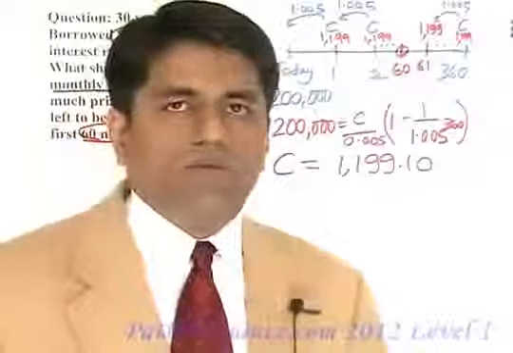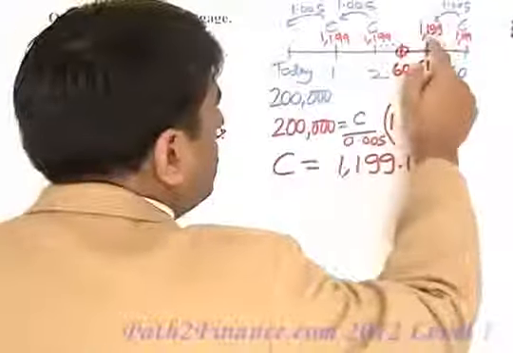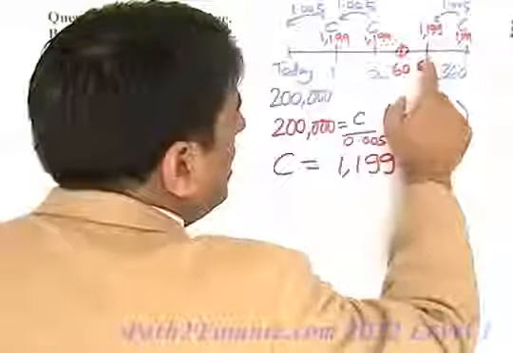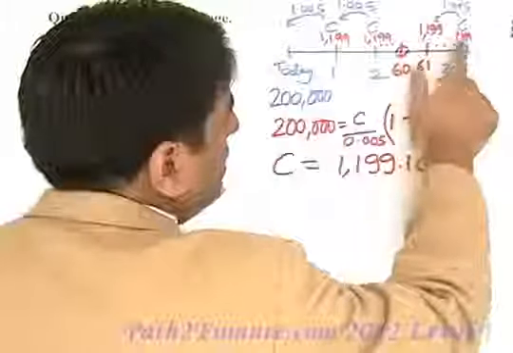Now the amount to be paid by the borrower will be the discounted value of the remaining 300 monthly payments of amount 1,199 each.